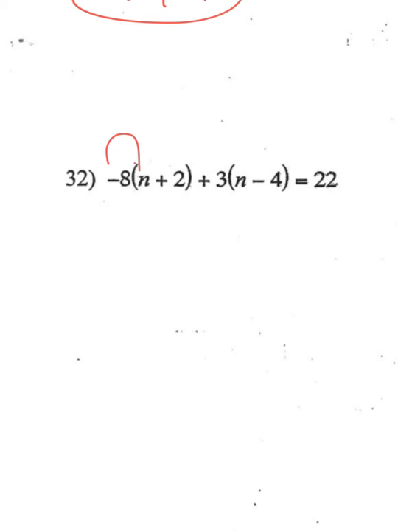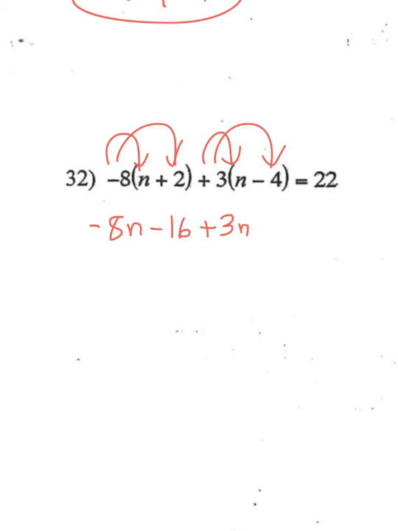Here we go. Distribute. Negative 8n minus 16 plus 3n minus 12 equals 22. Here's my equal sign. I only combine what can go together on one side of the equal sign.